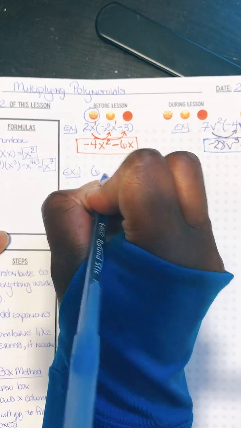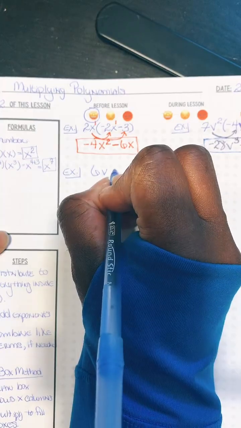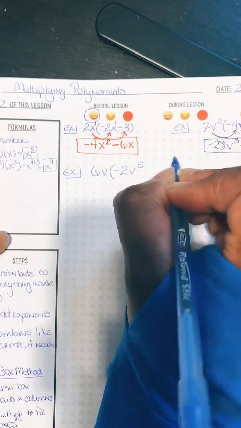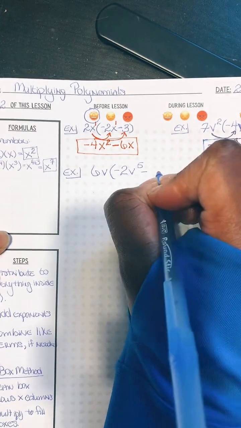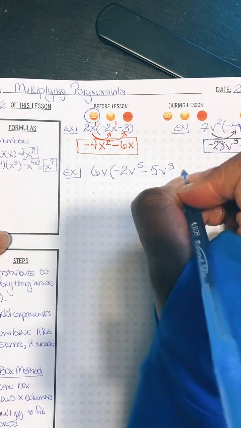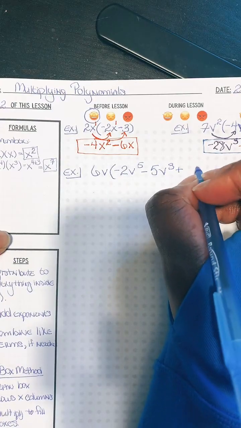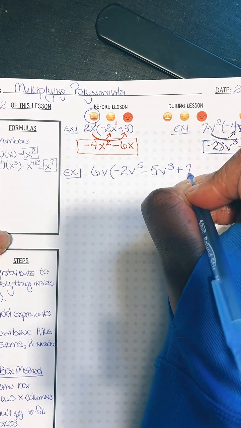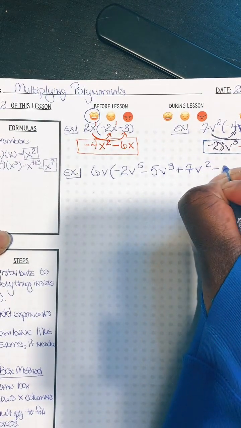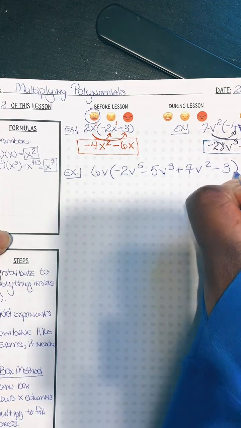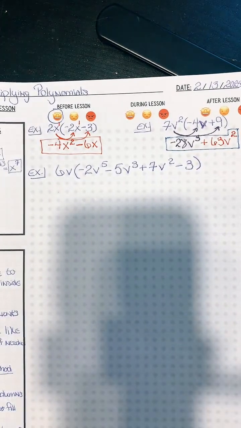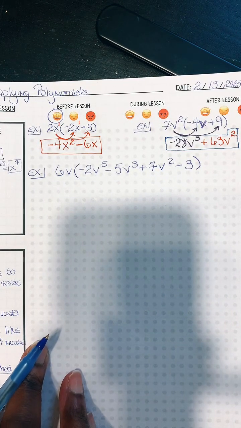All right, so we have 6v times negative 2v to the fifth minus 5v cubed plus, this number I haven't used in a while, 7v squared minus 3. Ooh, she trying to be fancy.